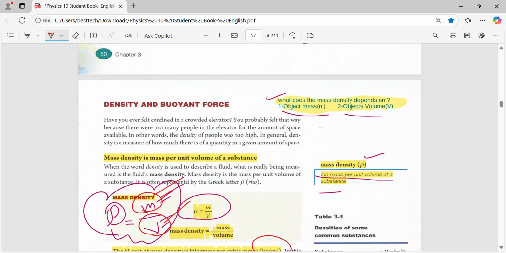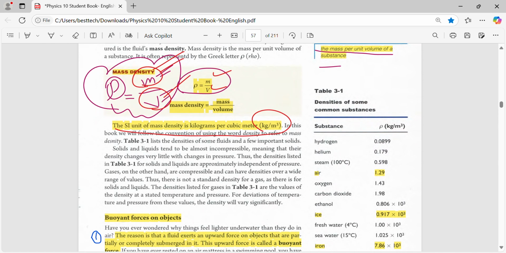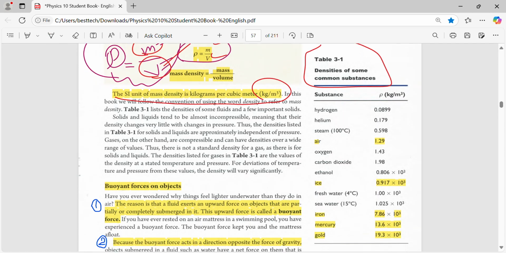Guys, this is the same definition. Mass density is mass per unit volume, and the factors depend on the mass and volume. Okay, guys, you have this table. It's just for information, but the density of water, we have to memorize it actually.